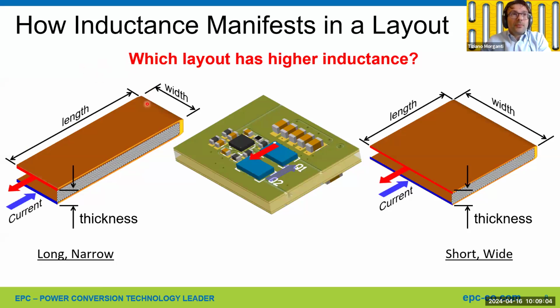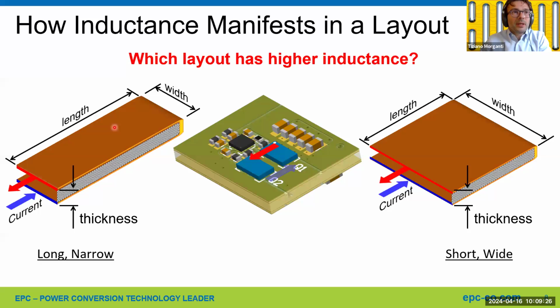So how is inductance approximately evaluated in those layouts? We have this example, a current path going in this direction, going down in some other layer of the PCB and returning back.